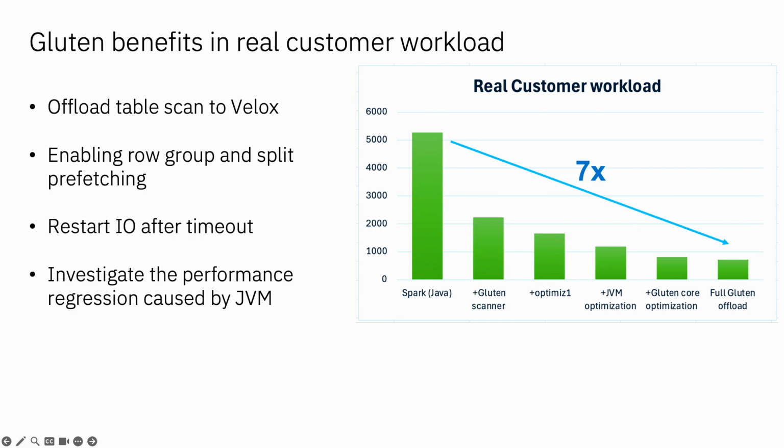And then we did many improvements on the table scan side, including row group skip and split prefetching. With all of those optimizations applied, we have seen almost 7x performance. And the customers are really happy about this.